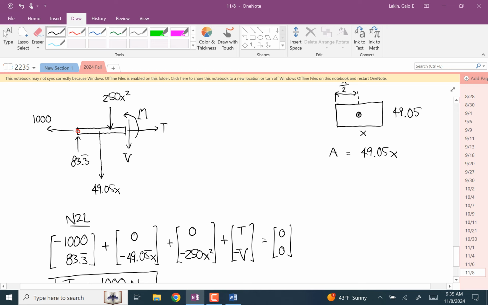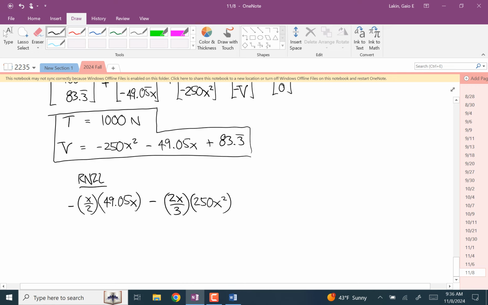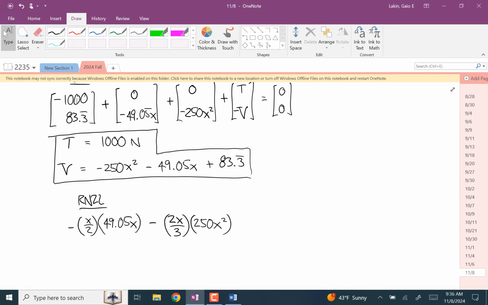Then the 250x squared, is that clockwise or counterclockwise? Clockwise, so we got another negative. The moment arm is 2x over 3. The force magnitude is 250x squared. Then we have the contributions we always do from the internal loads, plus M minus Vx is equal to 0.